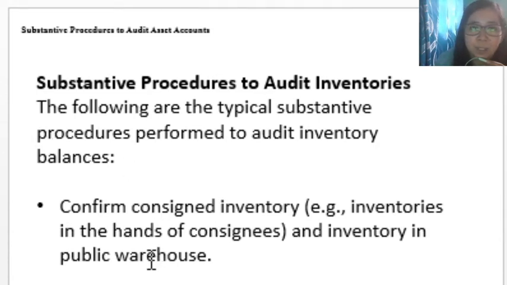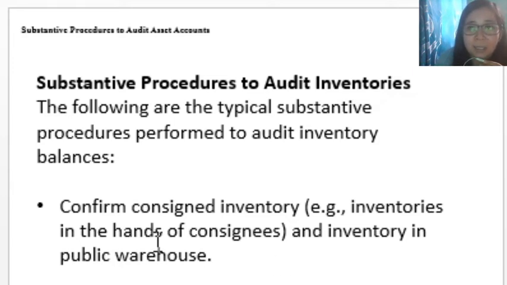Another substantive procedure is that the auditor can confirm any consigned inventory. For example, if inventories are in the hands of the consignee, or in a public warehouse.